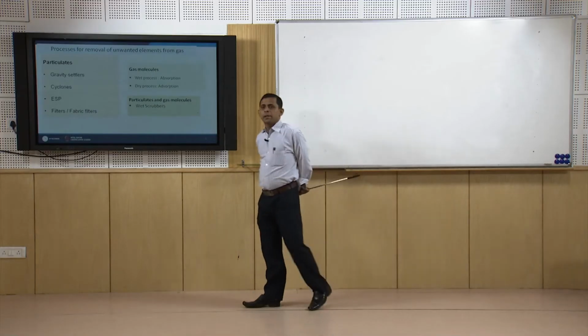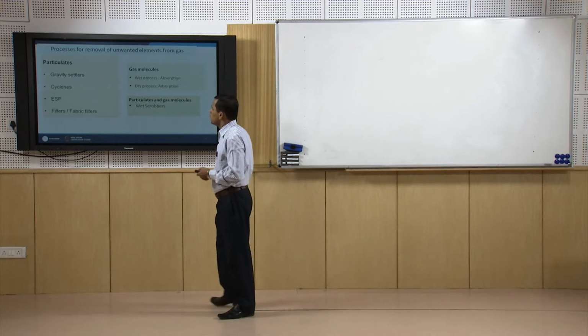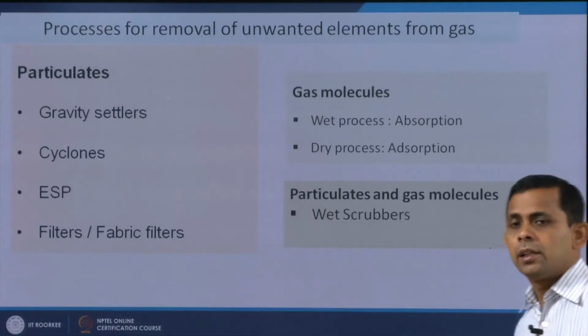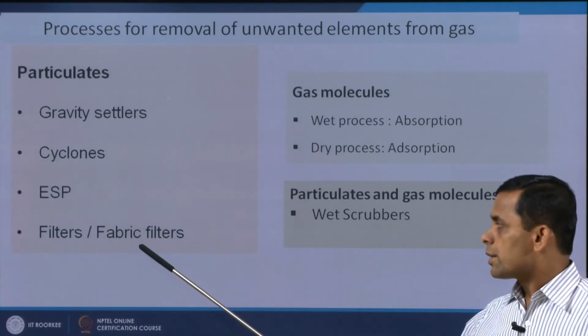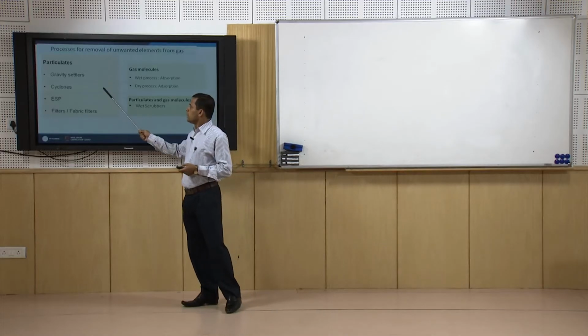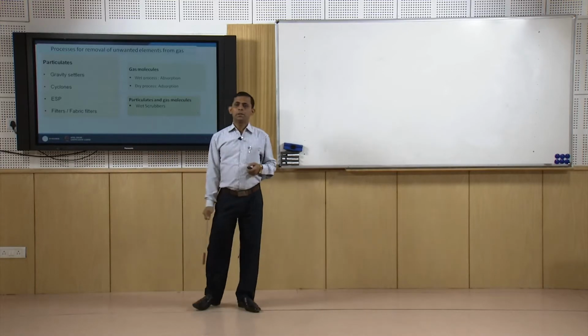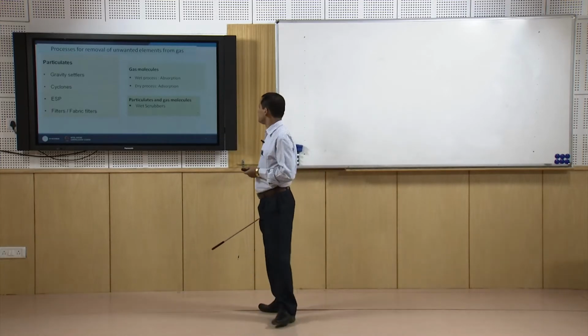For the removal of particulates, we have a number of equipments: gravity settlers, cyclones, electrostatic precipitators, and filters, that is bag filters and fabric filters. These are important devices which are used for the removal of particulate matter from any gas stream.